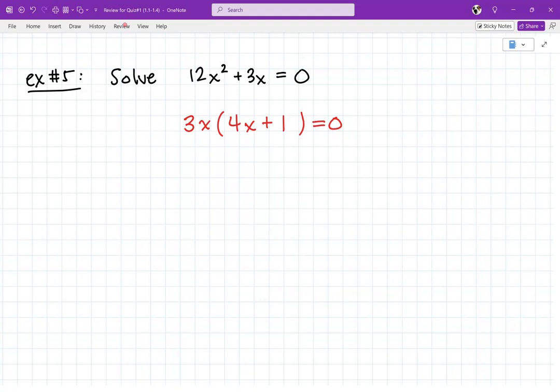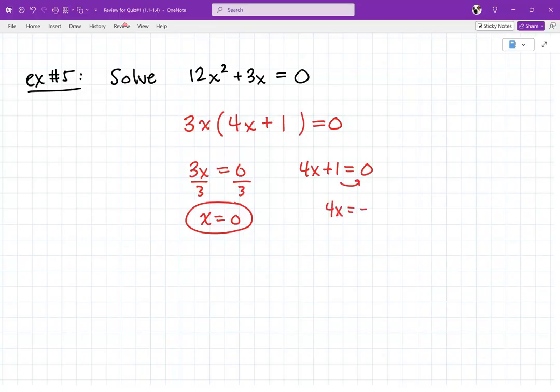Now we just have to solve. Remember, the zero product property says split this up, set it equal to 0. So 3x equals 0, 4x plus 1 equals 0. You solve both of them, okay? So you're going to divide both sides by 3 for the first one. So x equals 0. And then you're going to subtract 1, divide by 4. So we're going to move the 1 over.